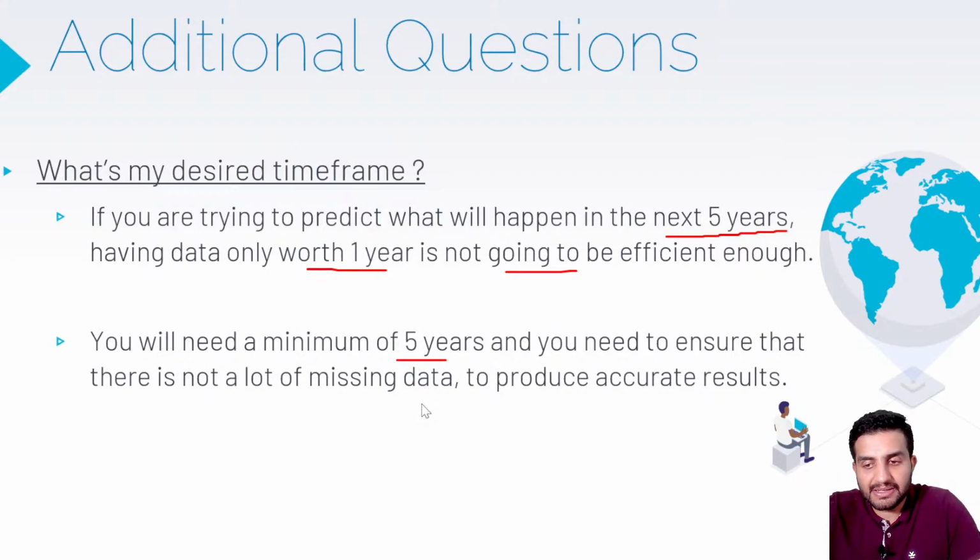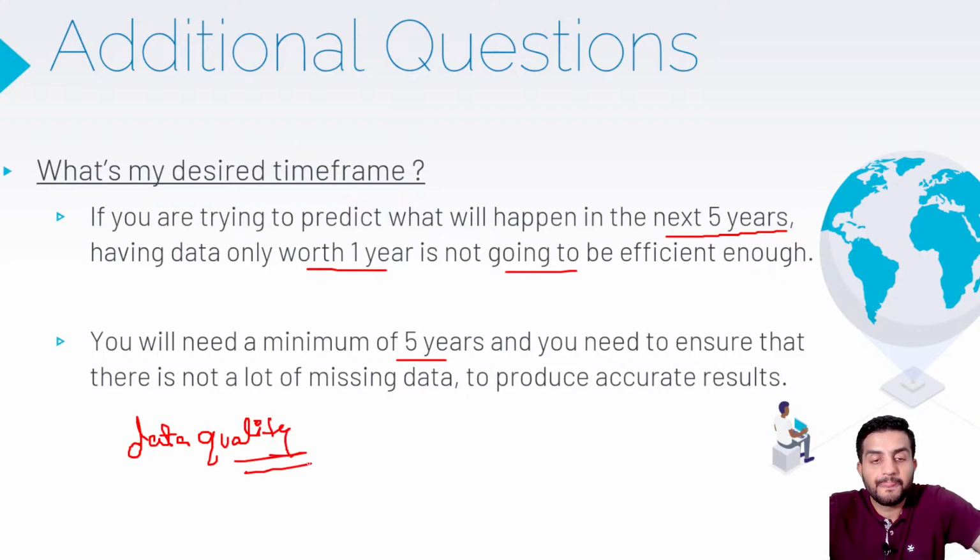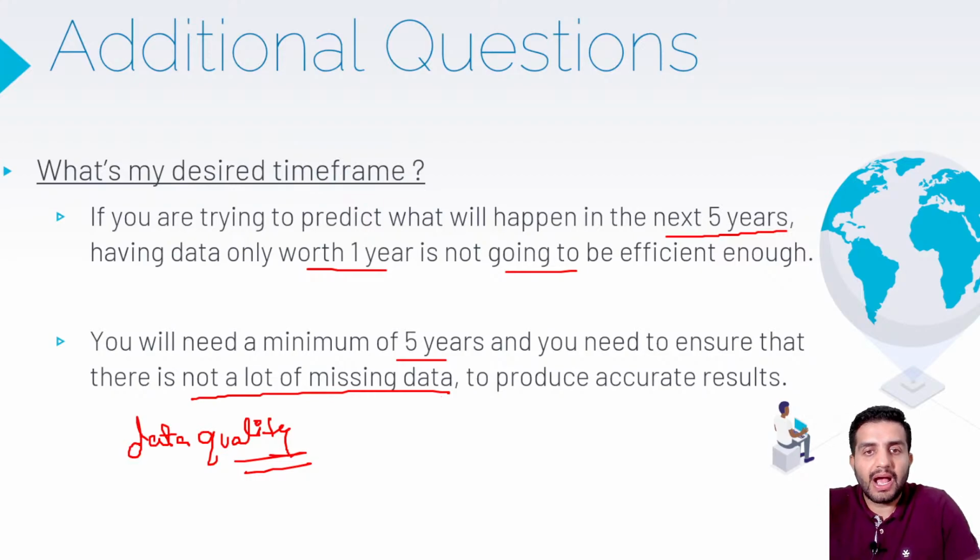And it's not always about having a historical data, but also about ensuring of data quality. By that, I mean not having too much of missing data, one of the pointers, and a lot of others also we will read with time. So how good my data is, I need to ensure that.